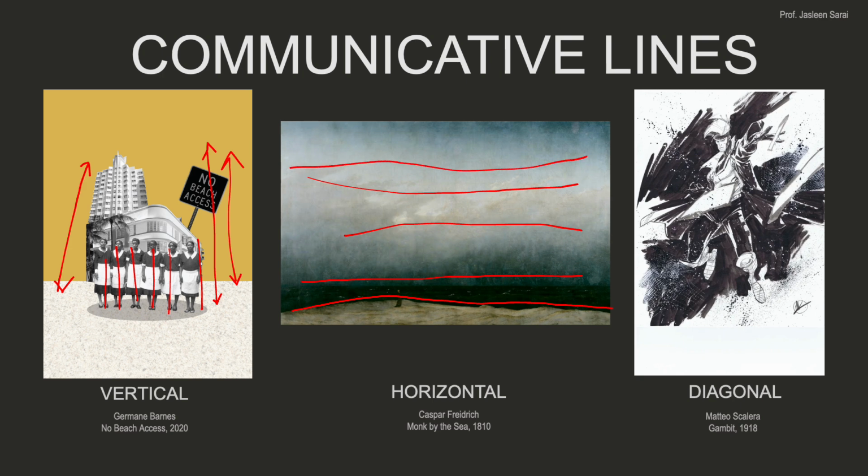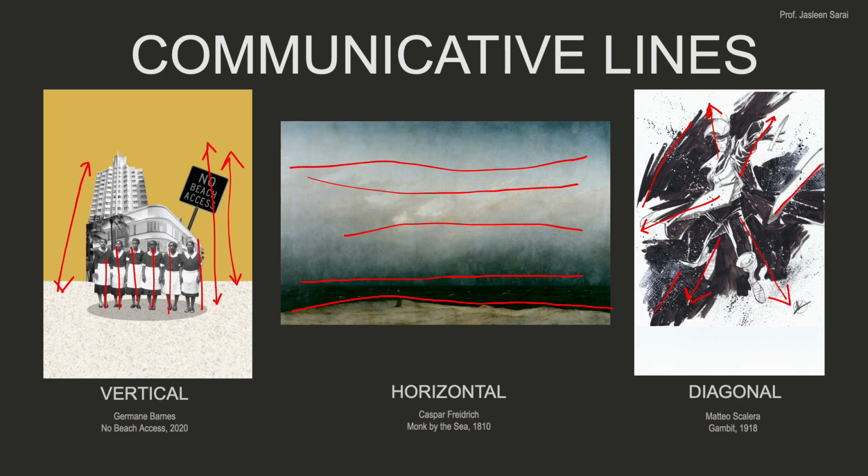Okay? Diagonal lines, which you might find in a lot of comic strips. As you can see, there are lots of diagonal lines, even the way this character's hand is going. And what diagonal lines show is action, okay? A lot of movement, a lot of action with diagonal lines.